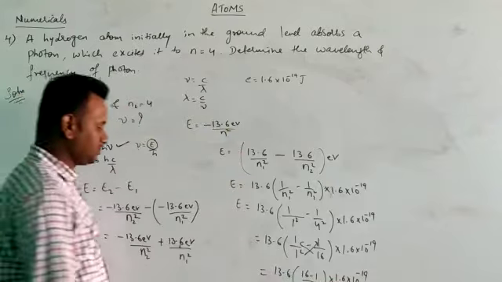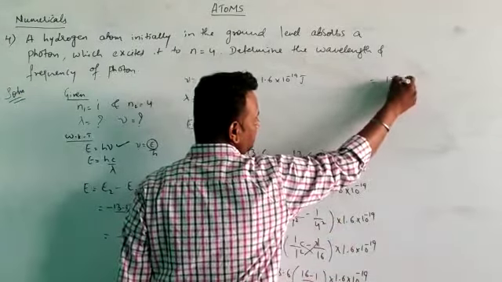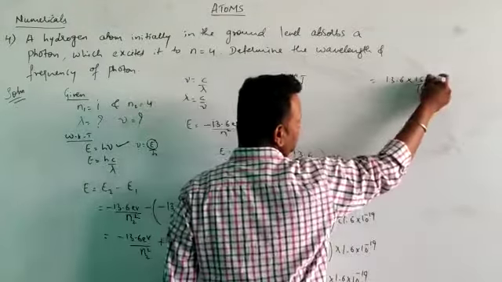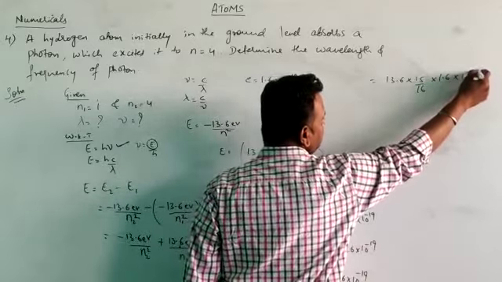Now, 13.6 into 15 divided by 16 into 1.6 into 10 to the power of minus 19.